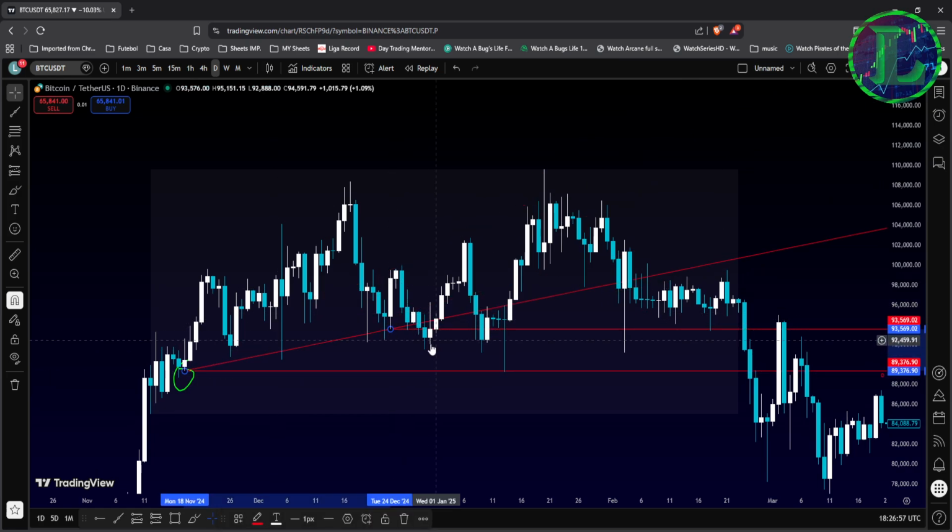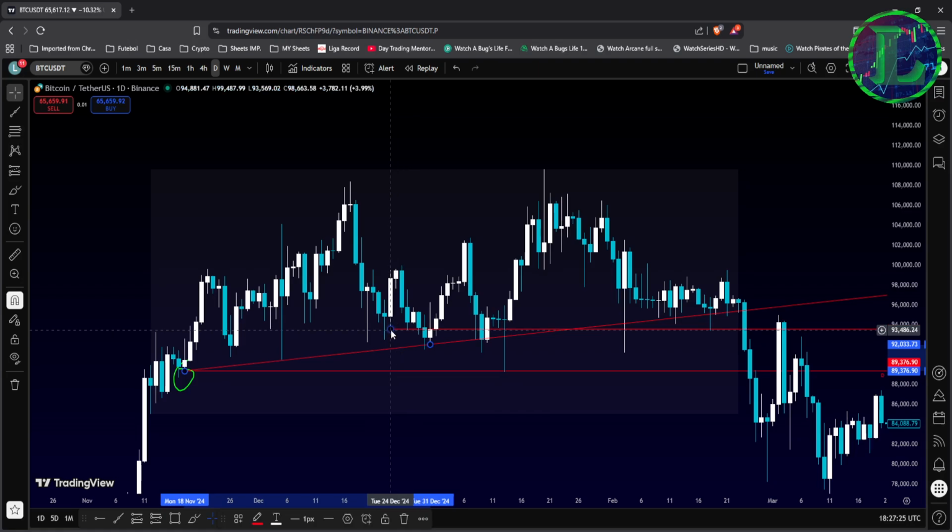So what we have here is another break of that trend, and what we need to do is keep adapting the trend. So when you have an uptrend on the bottom and a bull candle that opens and closes below the trend, you have a break of that trend, so you need to adapt again.